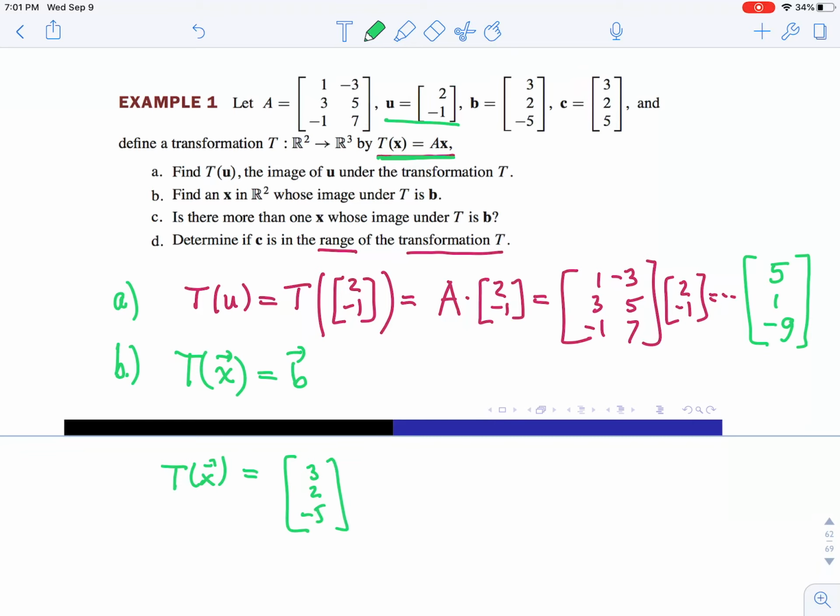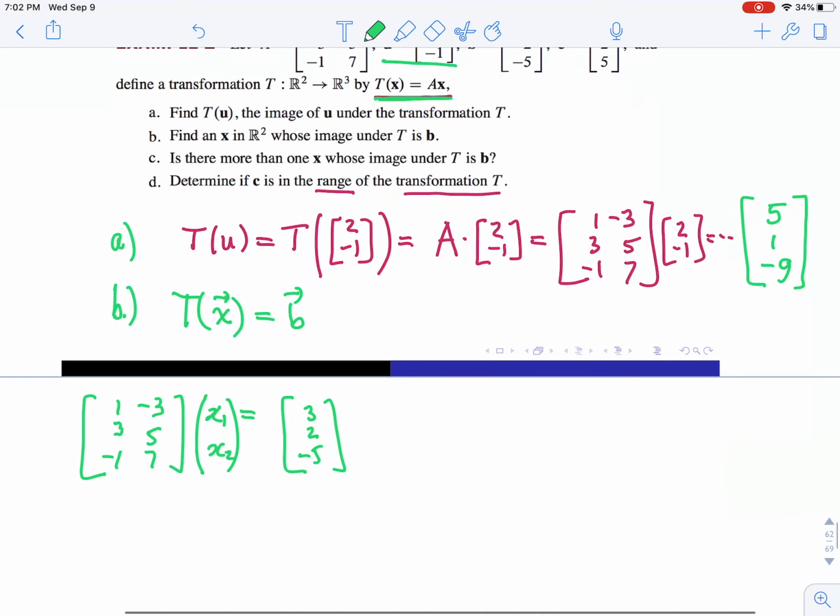And if I rewrite T of x as A times x, that's going to be A, which is this big old matrix here, times x. I'm going to have x1 and x2 in my system. So I'm looking for some vector x1, x2 that solves this equation.